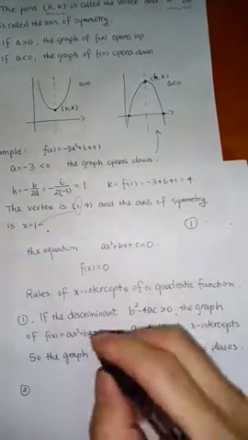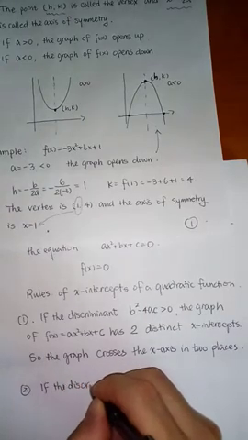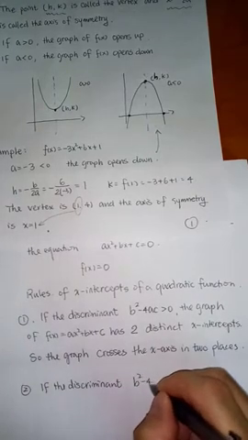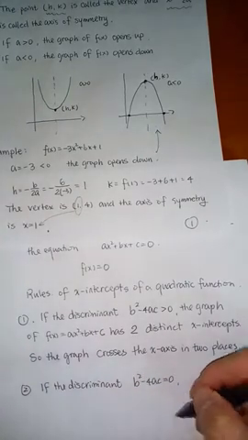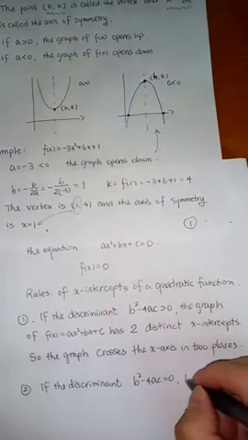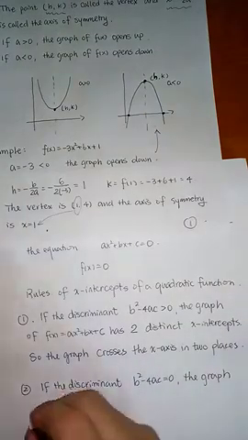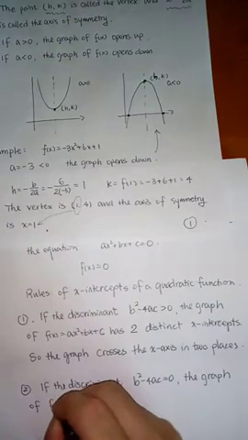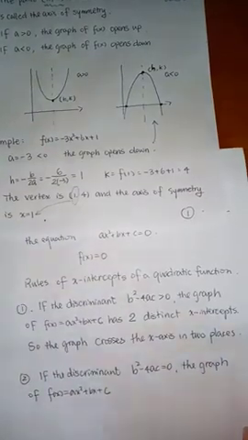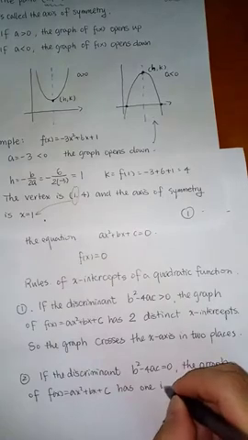And second, if the discriminant b squared minus 4ac is equal to 0, then the graph of f(x) equal to ax squared plus bx plus c has one intercept.